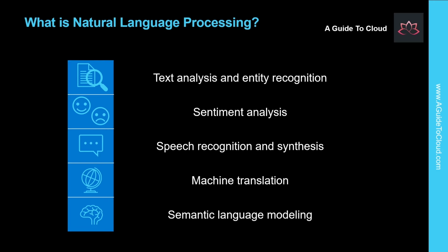NLP can enable you to perform sentiment analysis to determine how positive or negative the language used in a document is. And NLP can help you interpret spoken language and synthesize speech responses. NLP can automatically translate spoken or written phrases between languages as well. And finally, you can use NLP to interpret commands and determine appropriate actions.